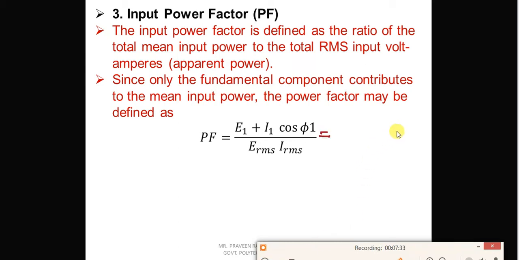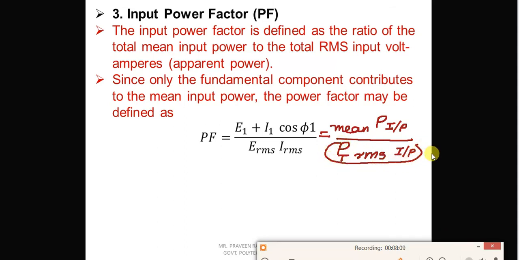So it is the ratio of mean input power divided by total RMS input power, which is the apparent power, and this is the mean power.